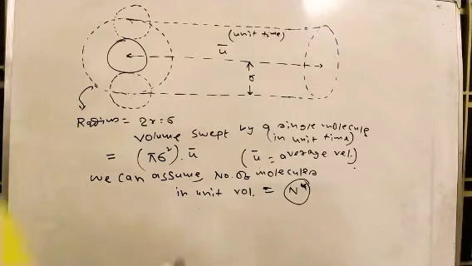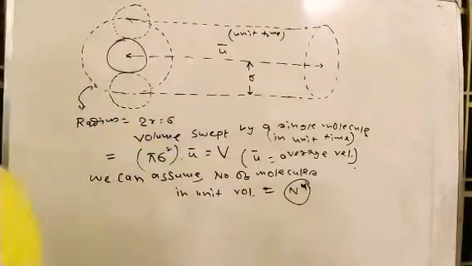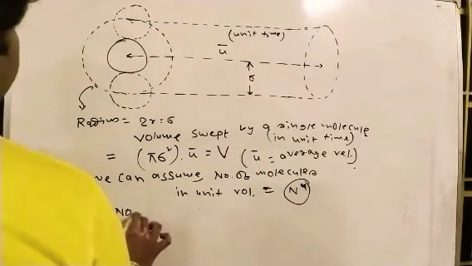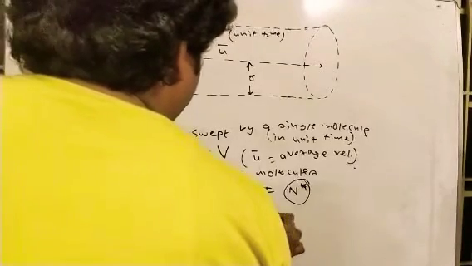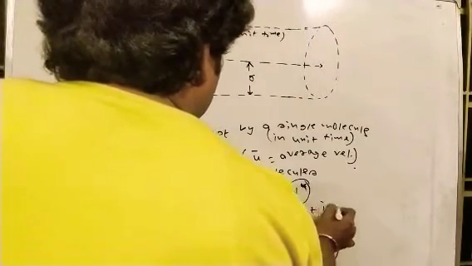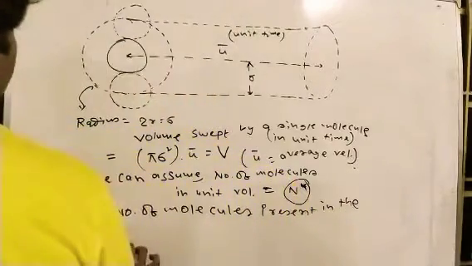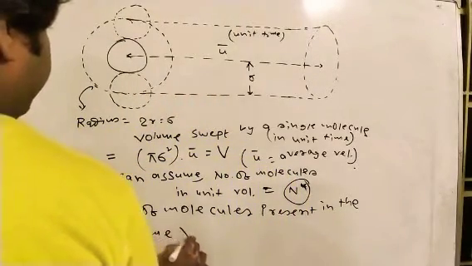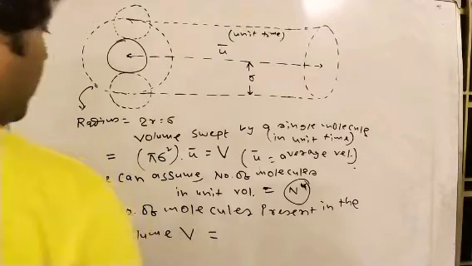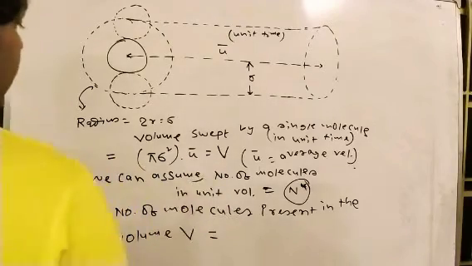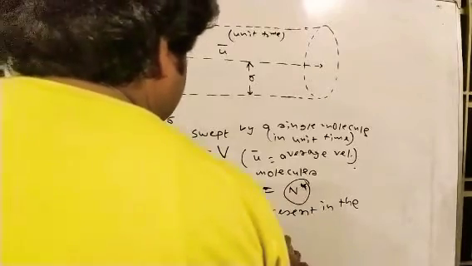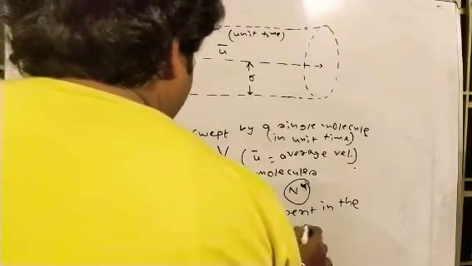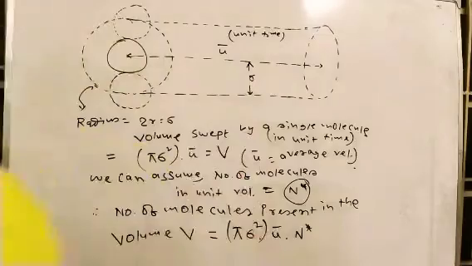Clear? So if I consider this volume to be V, then the number of molecules present in the volume V should be equal to pi sigma square into n star. Think about it. Clear?